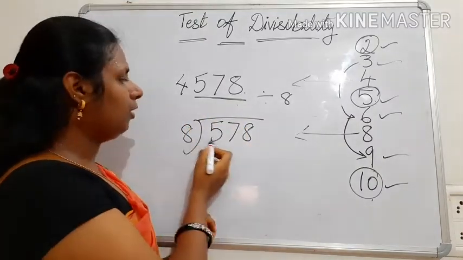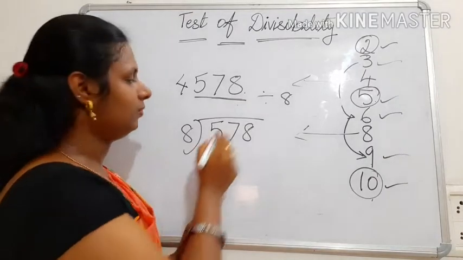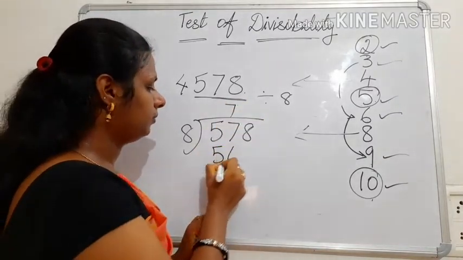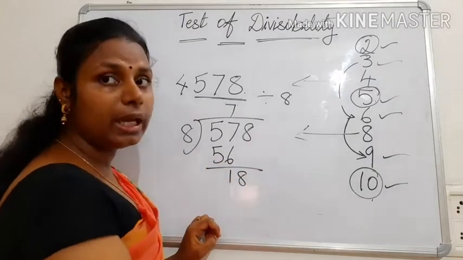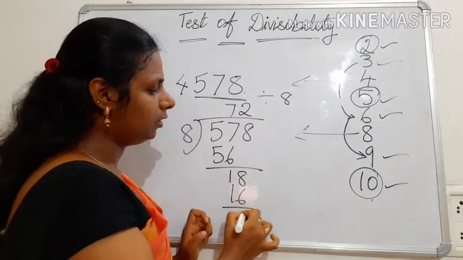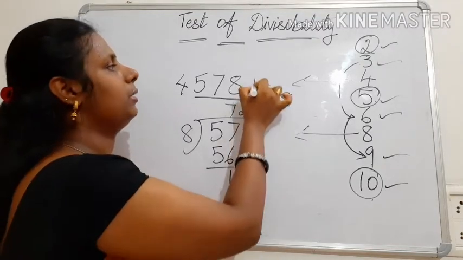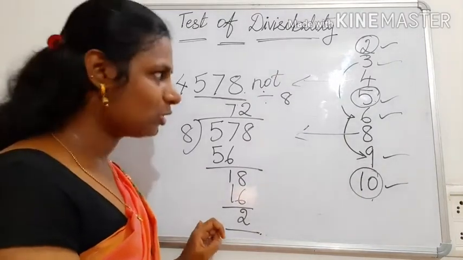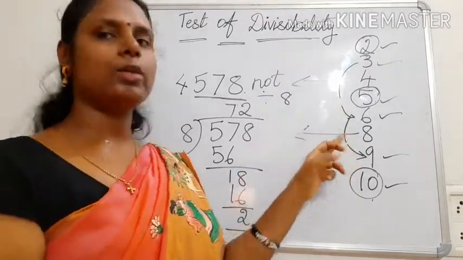Okay. Now 57. 8 sevens are 56. 1 remainder, 18. 8 twos are 16, then 2 remainder. That means this number is not divisible by 8. Have you understood? For 4 and 8 more or less same.